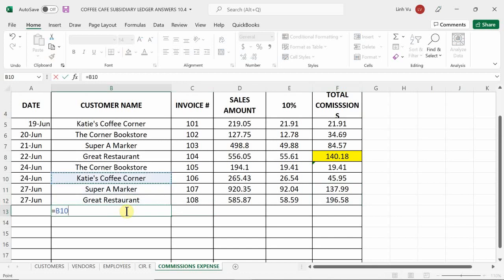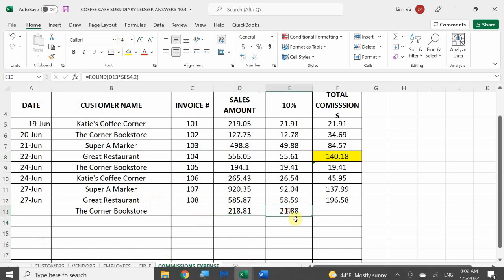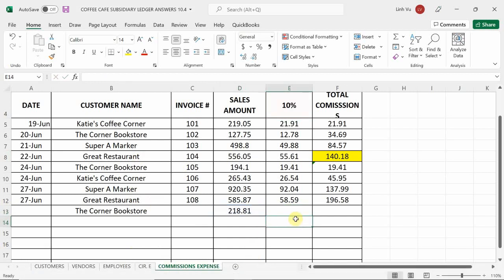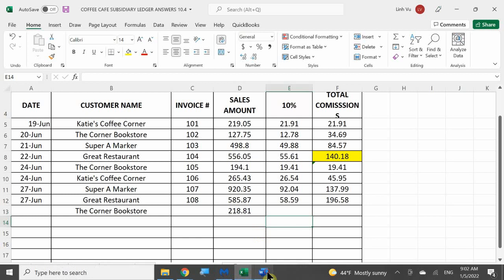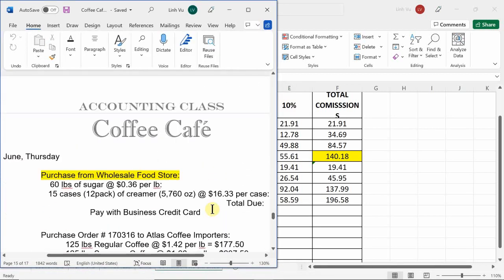This is the corner bookstore for $218.81. Okay.